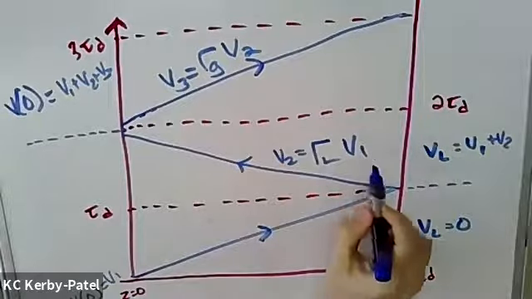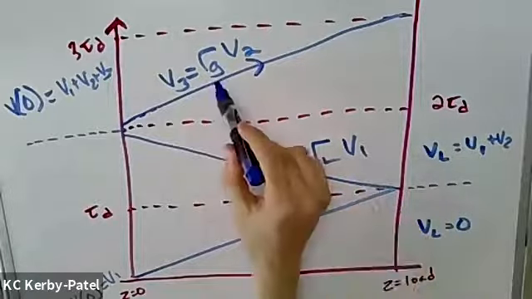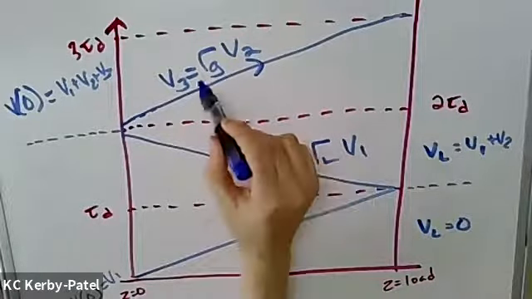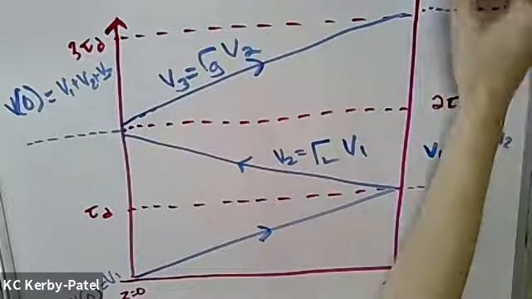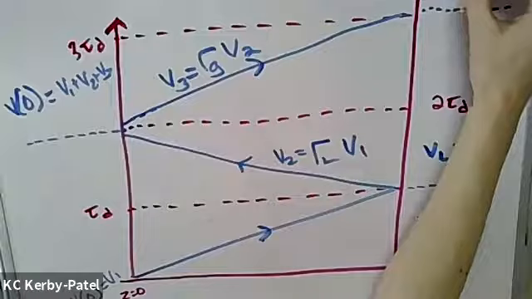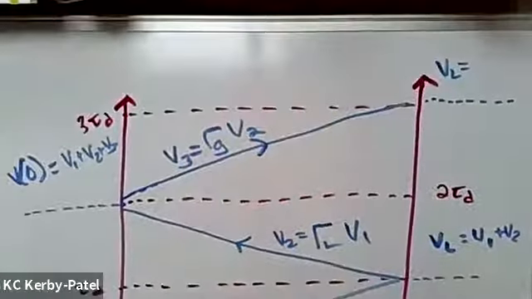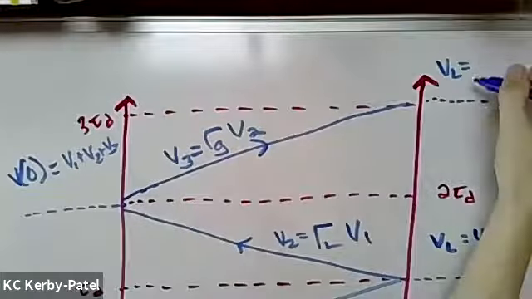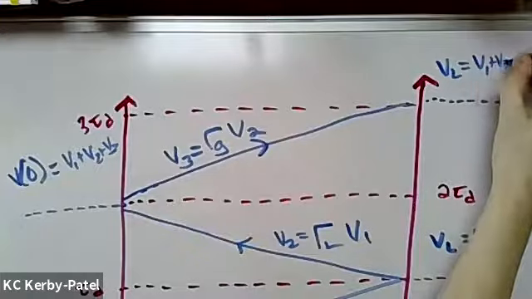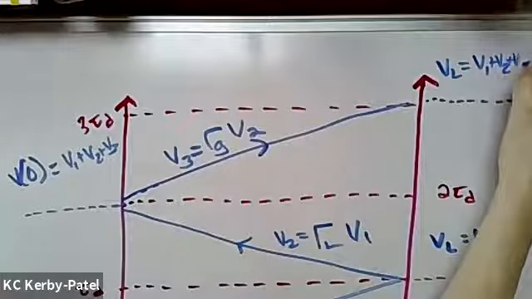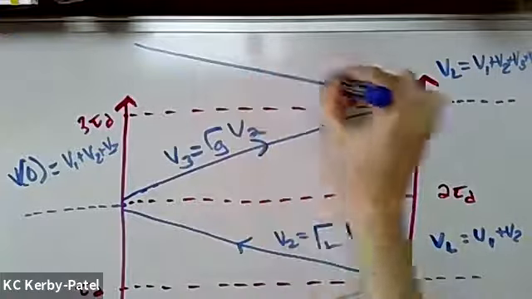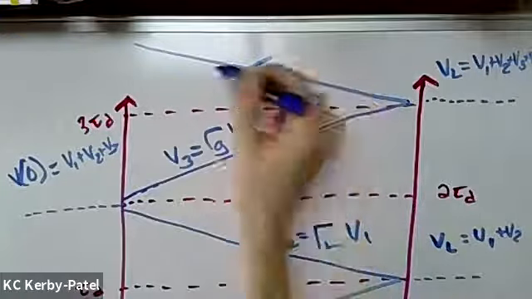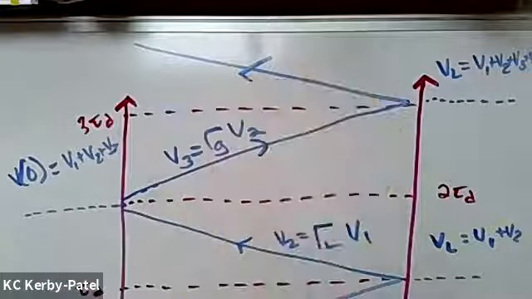And V2 is gamma L times V1, so V3 would be gamma G, gamma L, V1. And then once you get over here, the voltage at the load becomes V1 plus V2 plus V3 plus V4, because then you would get another reflection heading back that way, and back and forth and back and forth.